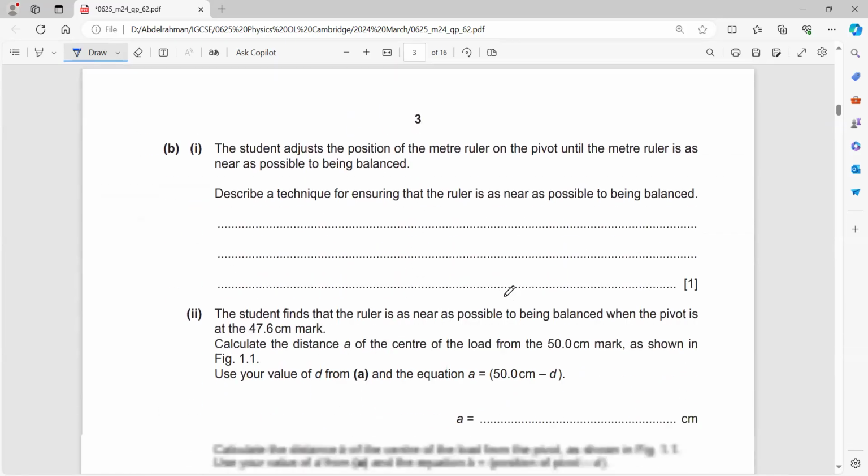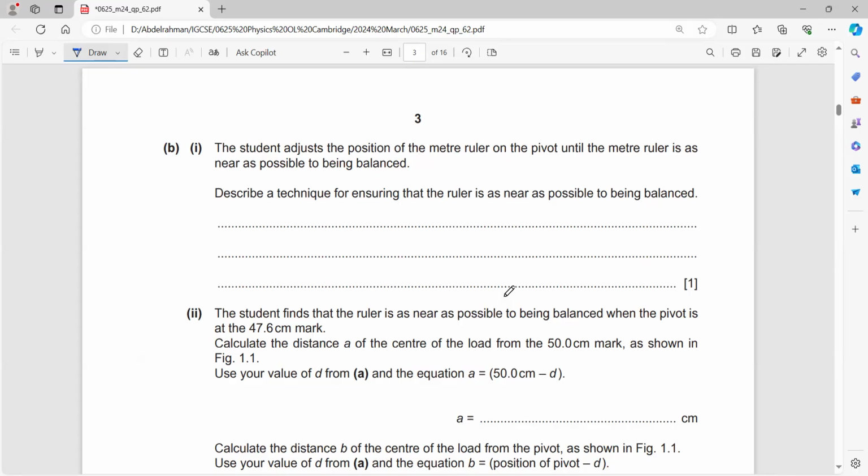Okay, now the student adjusts the position of the meter ruler on the pivot until the meter ruler is as near as possible to being balanced. Describe a technique for ensuring that the ruler is as near as possible to being balanced. What is the technique? What should he do?